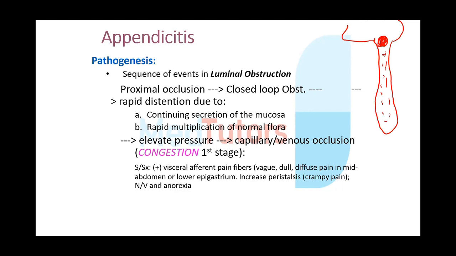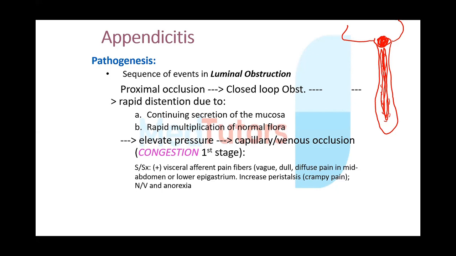This will cause rapid distension due to continuing secretion by the mucosa of the appendix inside the lumen. And because there is stasis, there is rapid multiplication of the normal flora within the lumen.